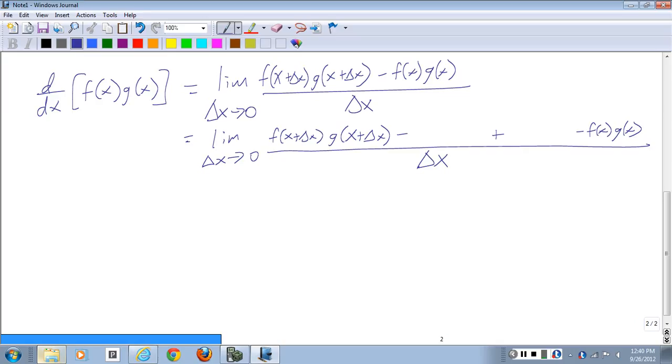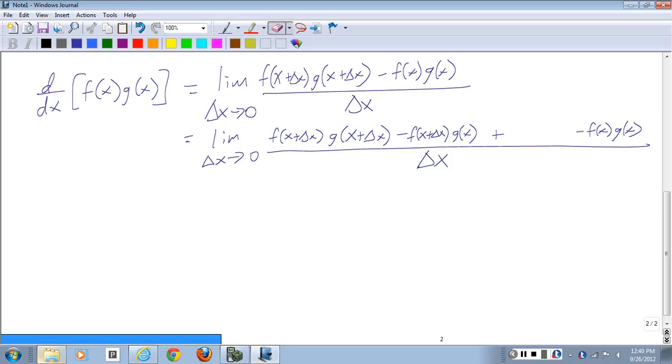So let's see if this would make sense. We're going to go with f of x plus delta x times g of x. No, we need a g of x plus delta x.